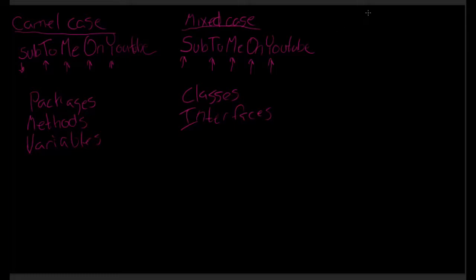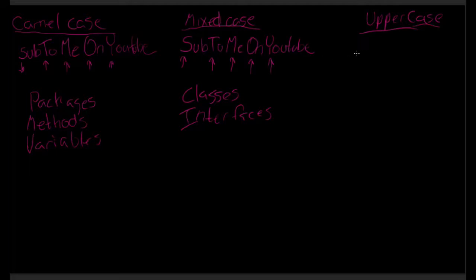Then the last one is uppercase. And this is just what it sounds like. However, if I used uppercase on every single letter here, it would be really hard to tell exactly what it says, just a jumble of words.